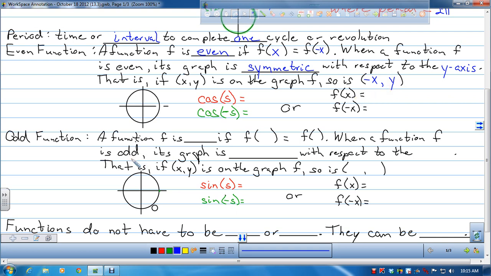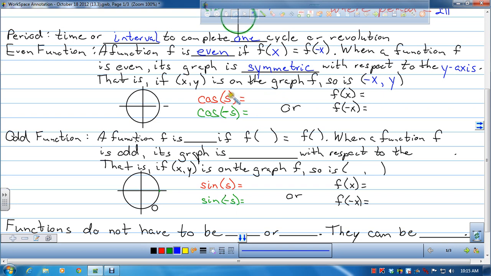What you want to think about here is that it's like you can fold that paper over at the y-axis, so you can bend that paper over and it will be on top of itself if you fold it at the y-axis. That's what being symmetric there means.